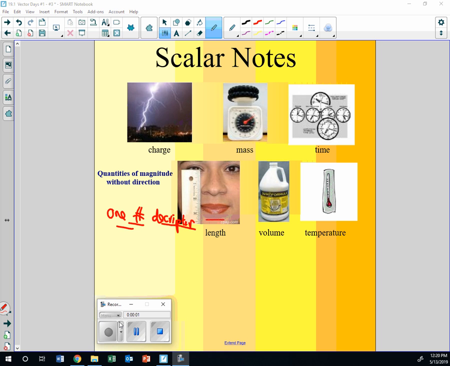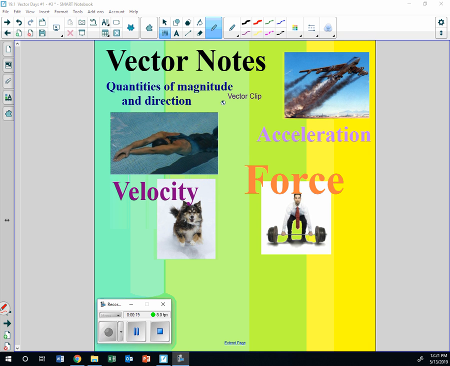So if you see any kind of quantity like kilograms or seconds or degrees or gallons, if you can describe it with one number, it's called a scalar quantity. Now, if you add more descriptors to it, like let's say that you're moving 55 miles per hour.